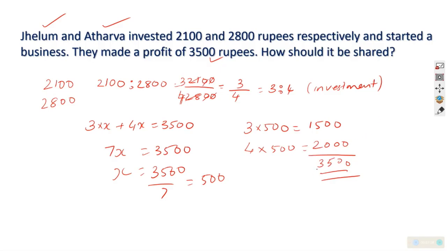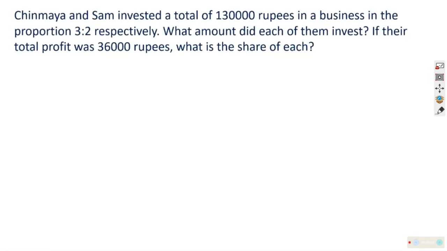This way we will divide the amount. Understood? So we are doing it practically. We are applying the concept of proportion in order to get the sharing over here. There are enough such simple examples you can get from your textbook.